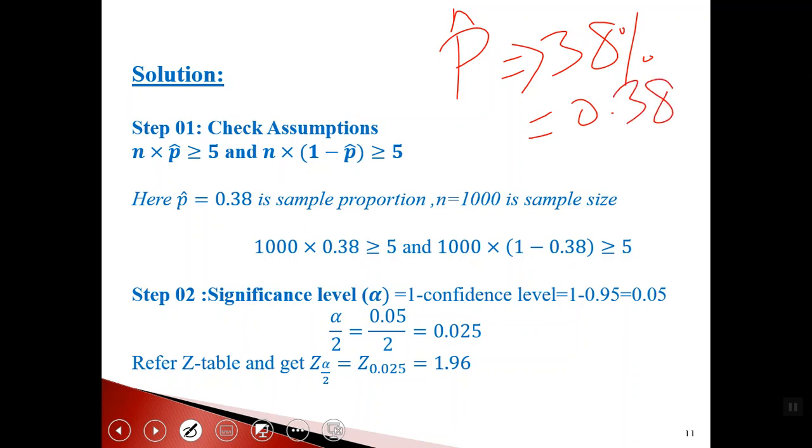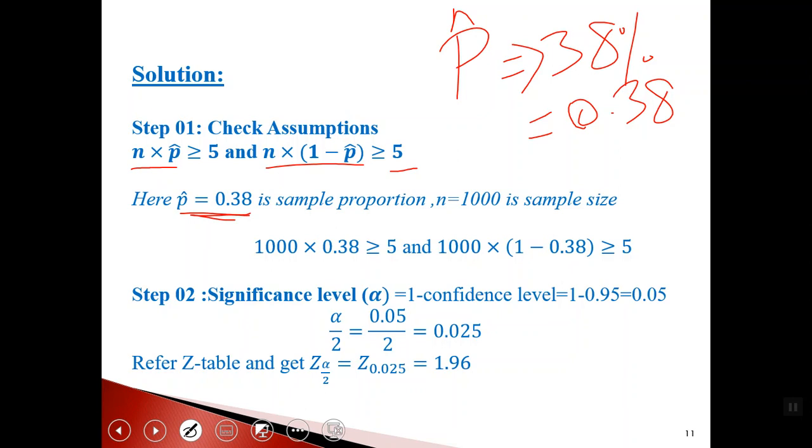So please don't write p hat equals 38%, no, p hat equals 0.38. Clear? P hat should be a proportion value. Now first you need to check whether n times p hat is greater than 5, and n times 1 minus p hat is greater than 5.